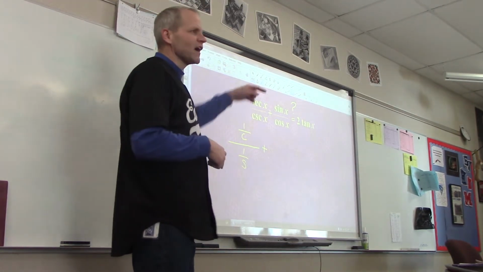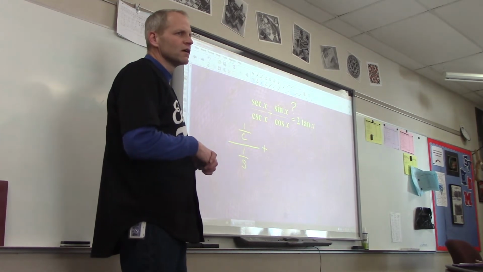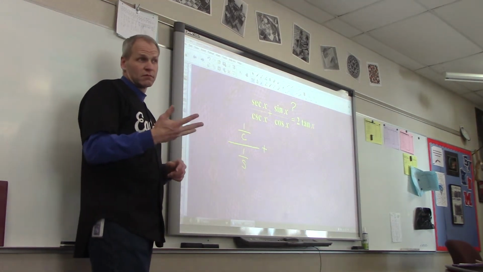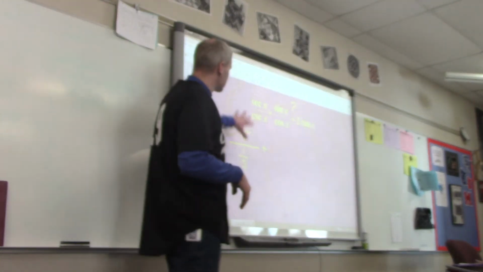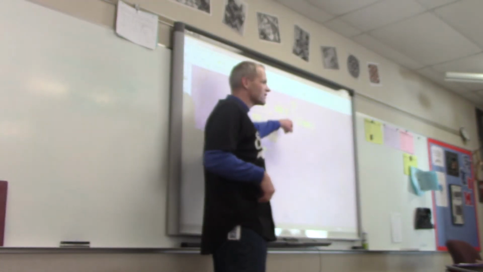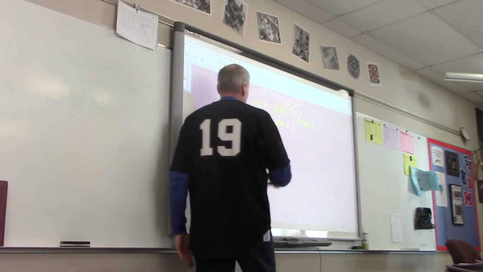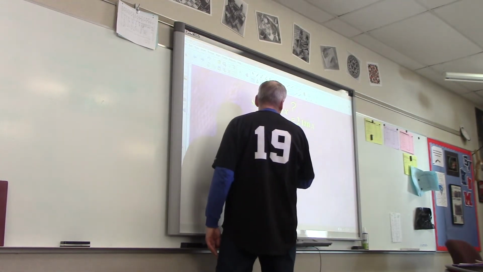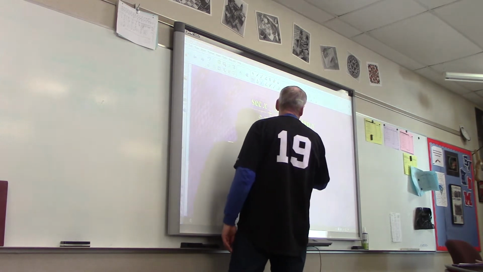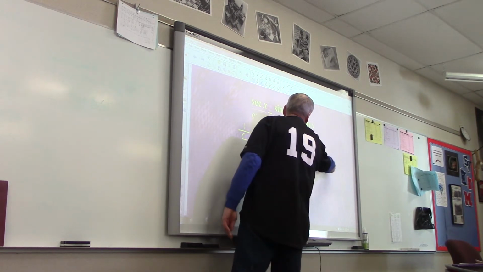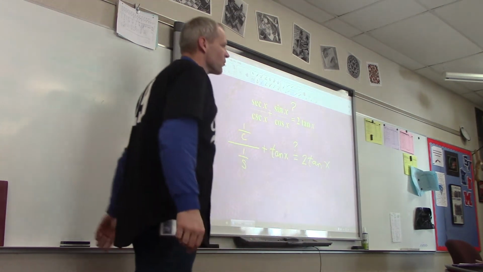Over there, I already have a sine over cosine, which is tangent. Now, if I was changing this to sine over cosine, I might not change that to tangent yet, but because my right side's got tangents in it, probably that's a pretty good move to call that a tangent of x already. So that would be a good looking step number one.